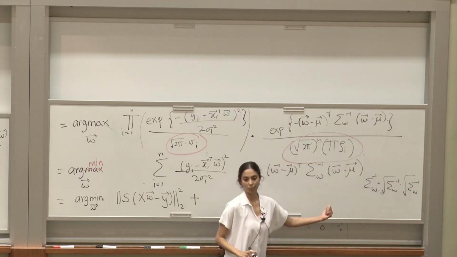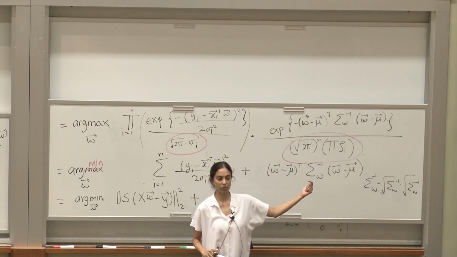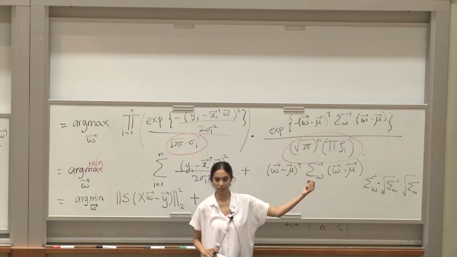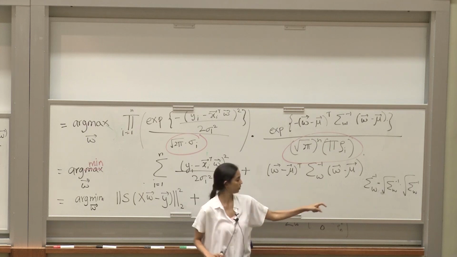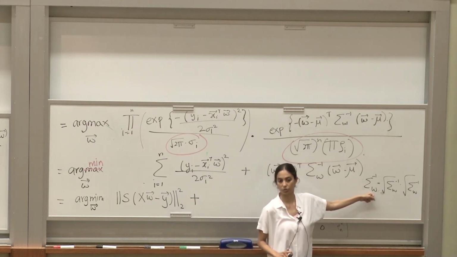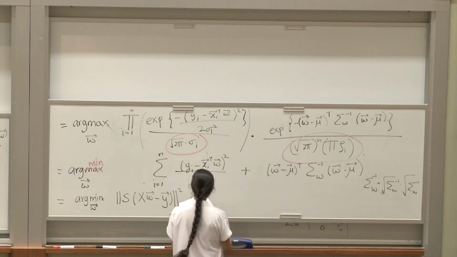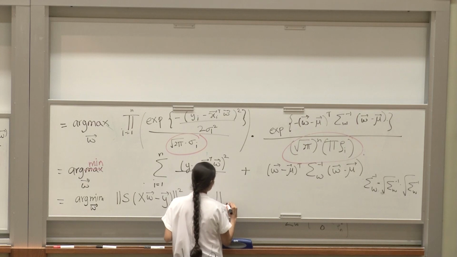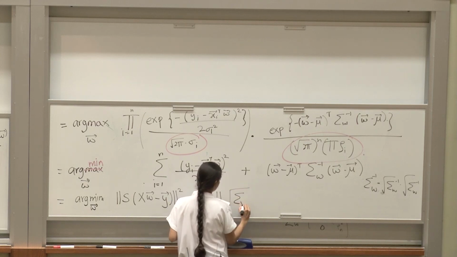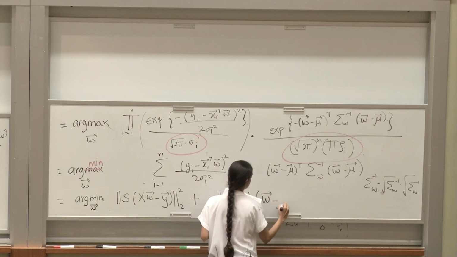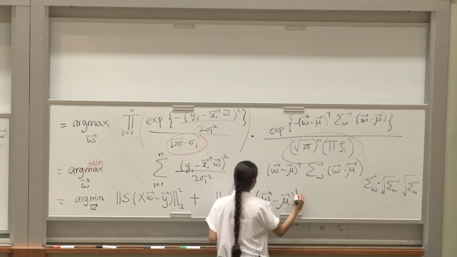This you did on the homework problem. If you have a symmetric matrix, you can always write it as a decomposition. You can have a matrix square root for a symmetric matrix. So this decomposition exists because our covariance matrix is always symmetric. So I can write this as the norm squared of square root covariance matrix inverse times (W minus mu).